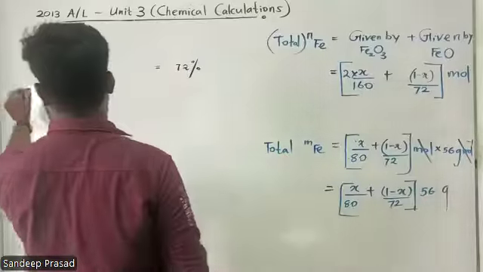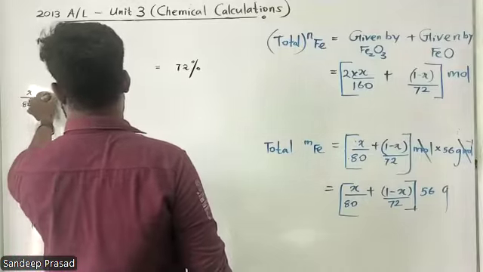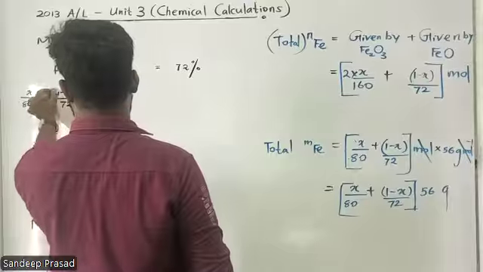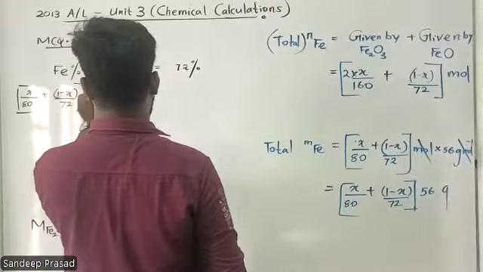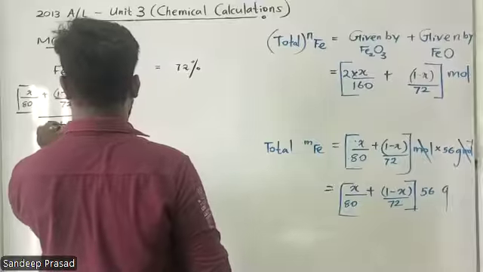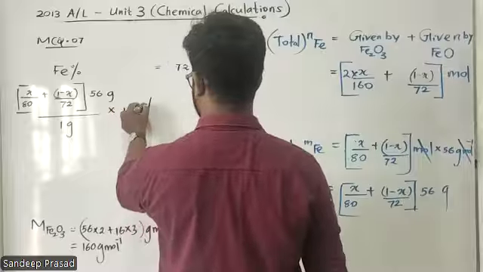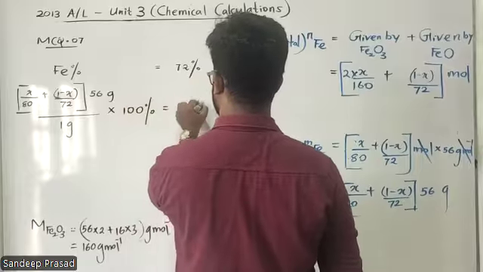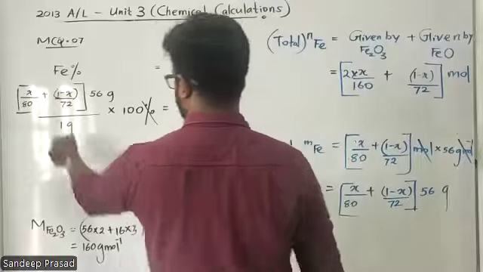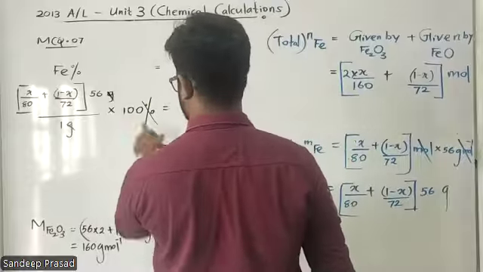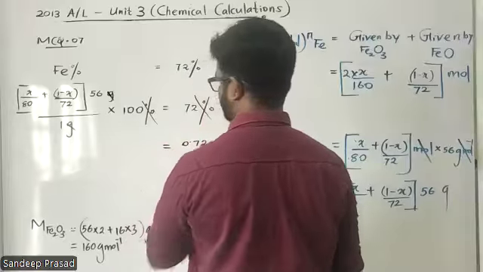What is the total mass of iron? x over 80 plus 1 minus x over 72 into 56 grams. So the total mass is 1 gram multiplied by 100%, and this is equal to 72%. Percent value will cancel off. Grams will cancel off. I can shift this 100 to this side. So this becomes 0.72.